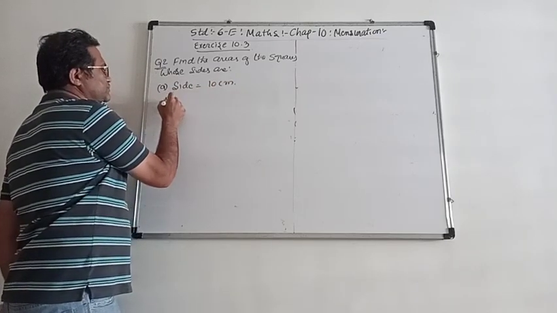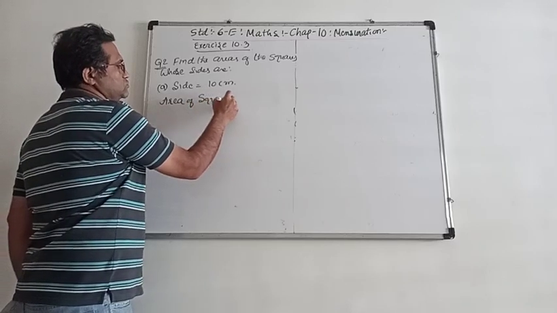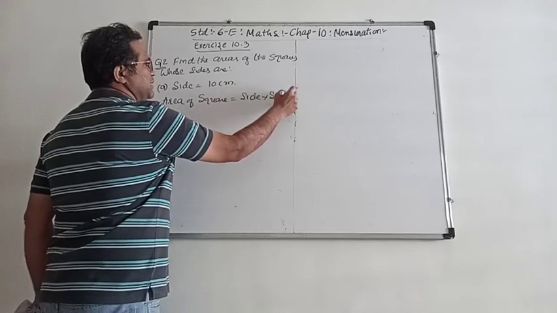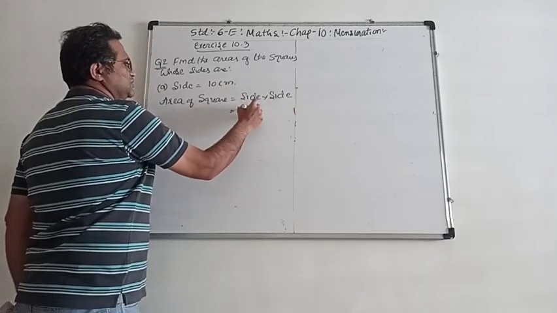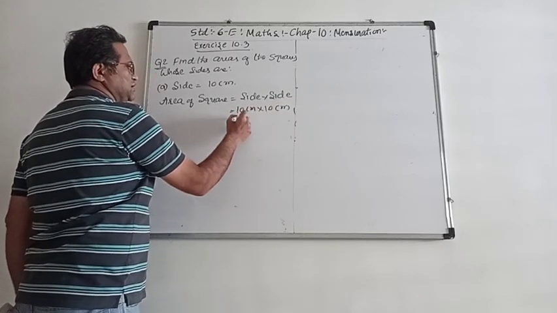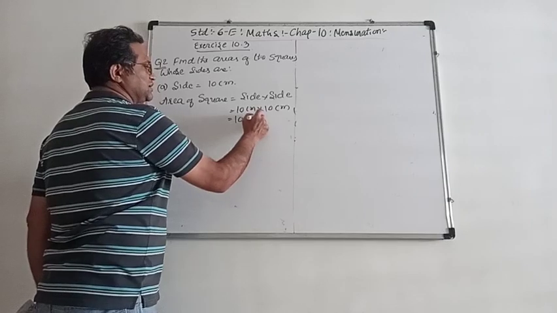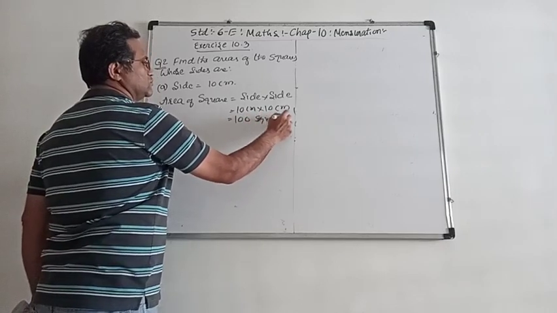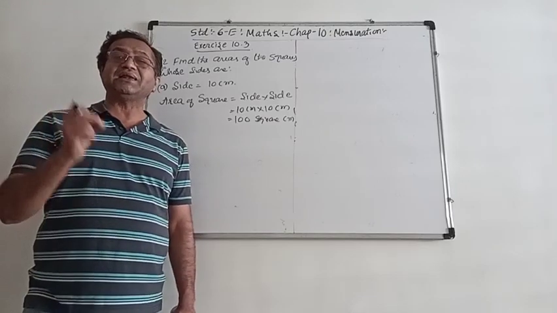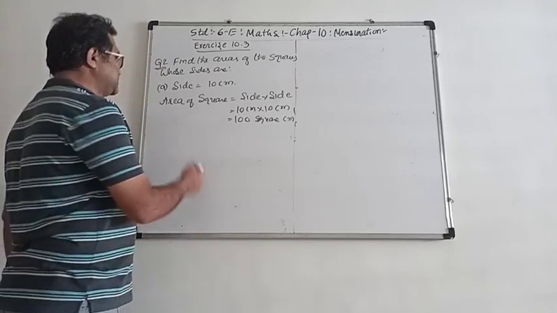So now area of square is side multiplied by side. So 10 centimeter multiplied by 10 centimeter. 10 tens are 100. So 100 square centimeter. So the area of the square is length multiplied by length or side multiplied by side.